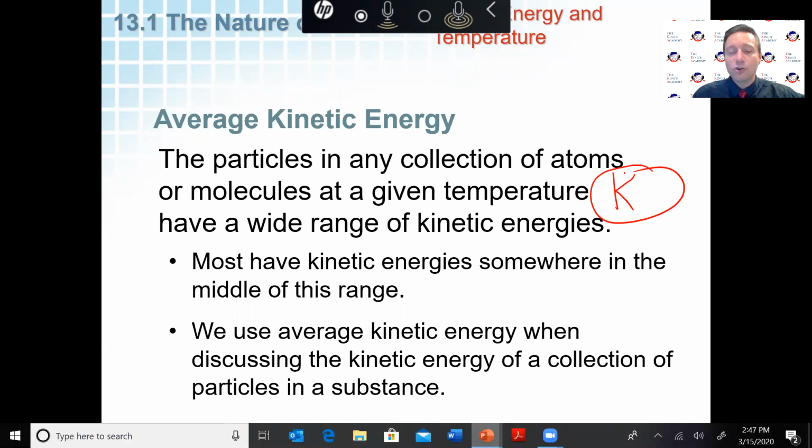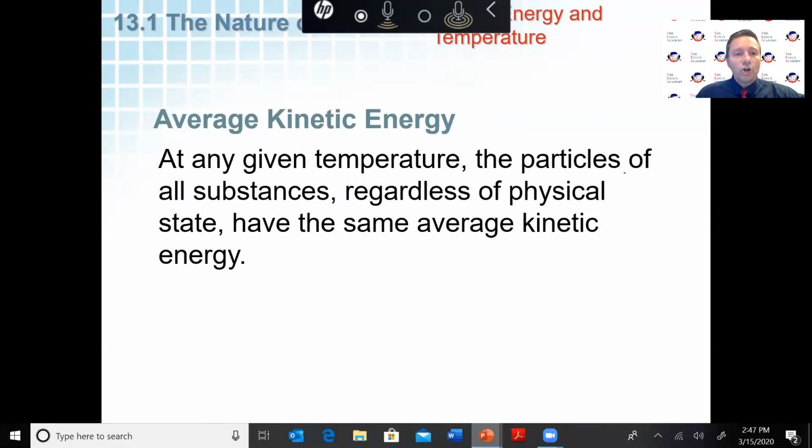And there's no degrees. There's no little degree sign like Celsius has. It's just plain kelvins. Now remember, there's never a negative Kelvin. 0 is the absolute lowest you could possibly go, and it has never happened, but it is the lowest you can go. So at any given temperature, the particles of all substances, regardless of the physical state, have the same average kinetic energy.